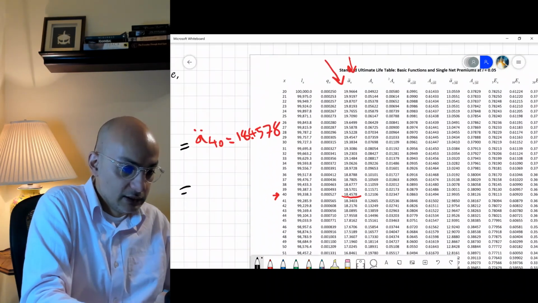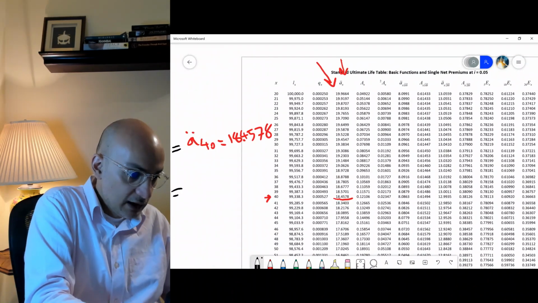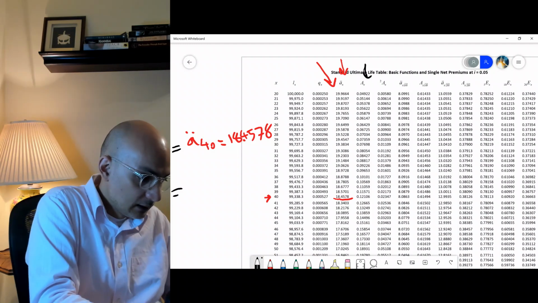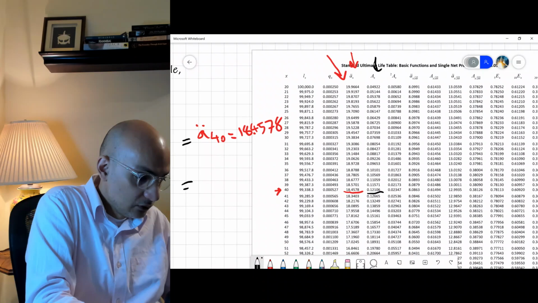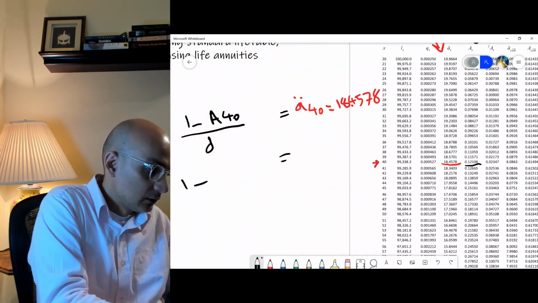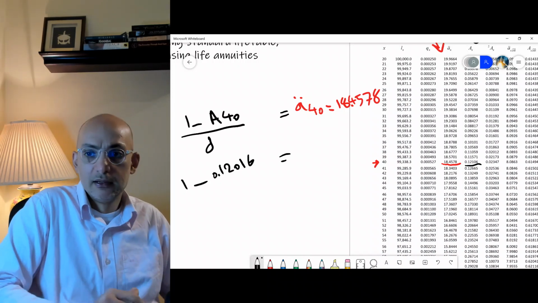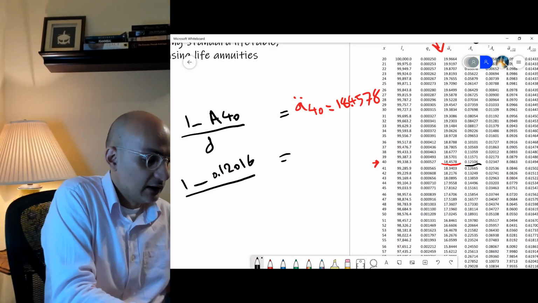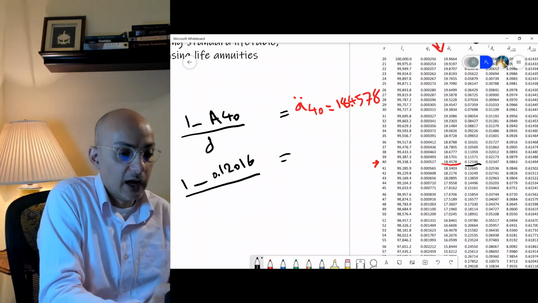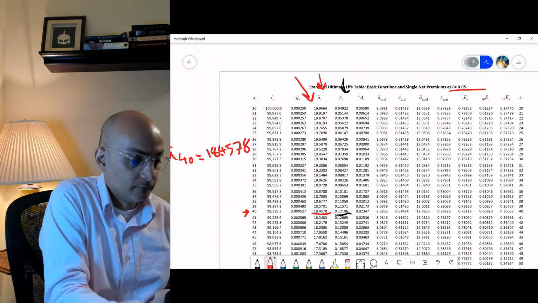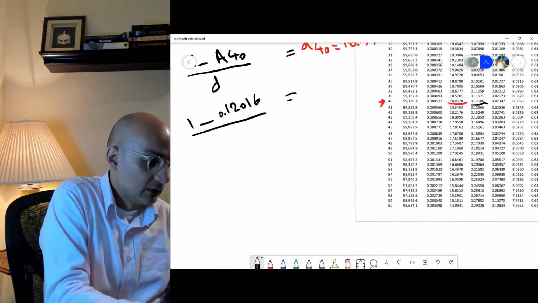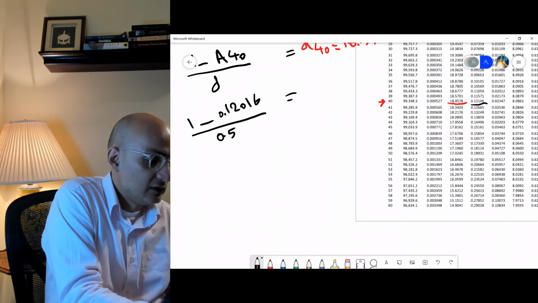You go here to the A column, and you go to the same age 40, which is actually the next one. It's 0.12106. And you need to divide it by d, which, in the life table provided by the Society of Actuaries at 5%, is 0.05 divided by 1.05. It should give you the same answer.